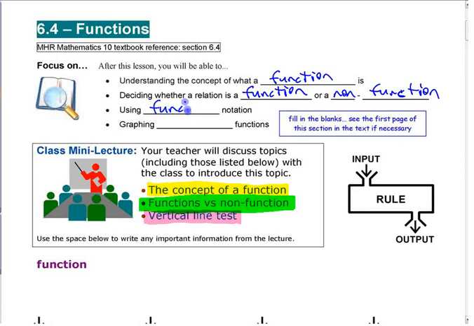Function notation. It's good when it's fill in the blanks and all of them are filled in with the same word. So what do you think the last one's function? Graphing functions? No. Graphing, what most of Math 10 you focus on a specific type of function. What do you think that is? Starts with L, linear, right? We focus on linear functions.